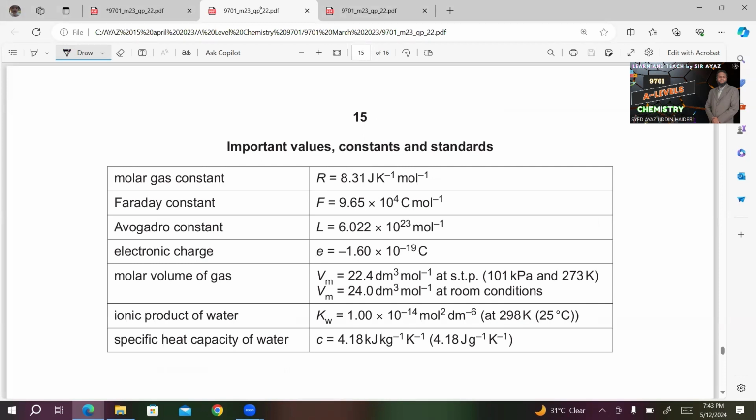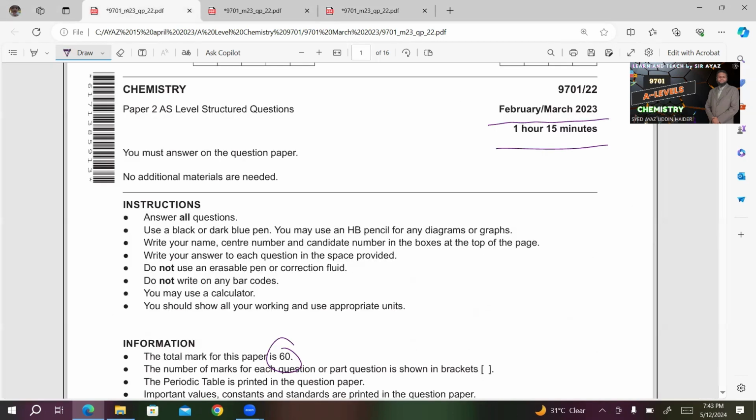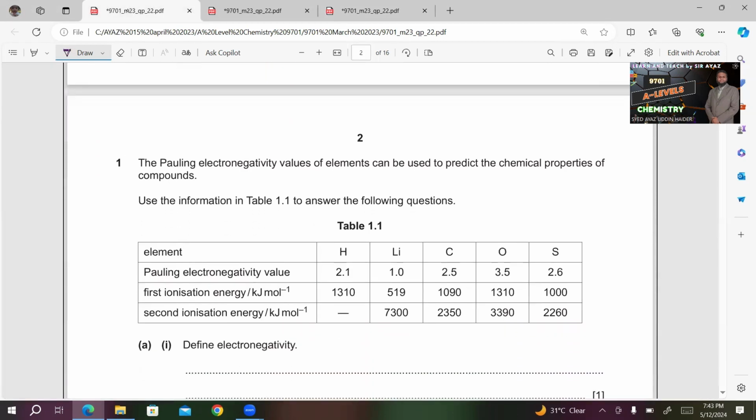These are some resources which are provided in this paper, that is important values, constants and standards, as well as the periodic table of elements. So let's continue with the paper. Here's question number 1. The following electronegativity values of elements can be used to predict the chemical properties of compounds.